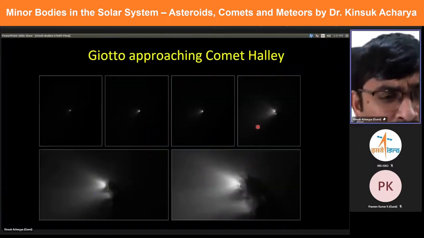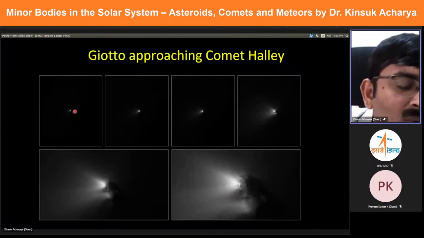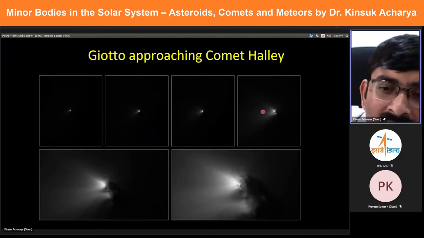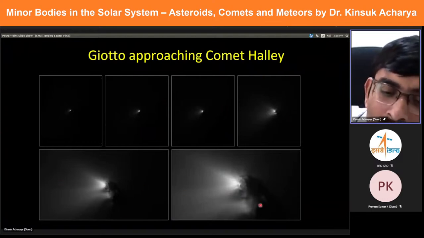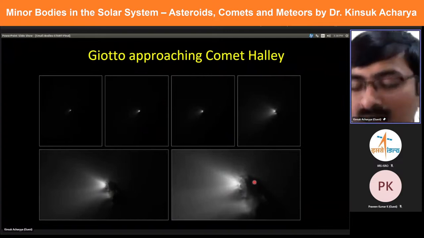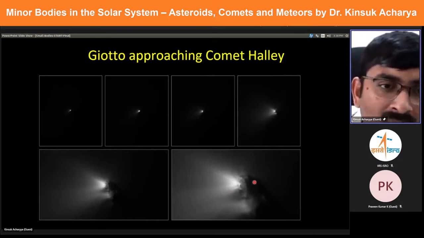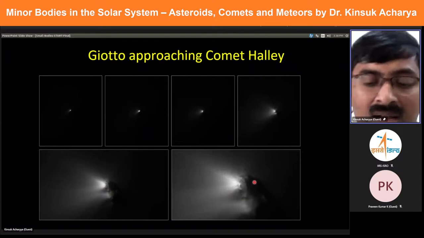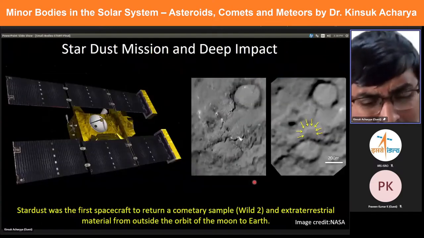And not only that, it observed that when the spacecraft is far away, and as it goes towards comet Halley, it sees how the atmosphere is being formed. So this was the first very important mission which studied the cometary atmosphere.